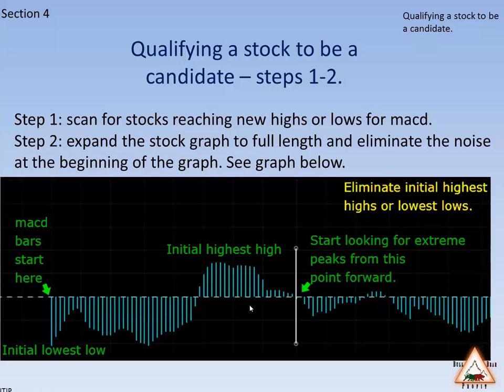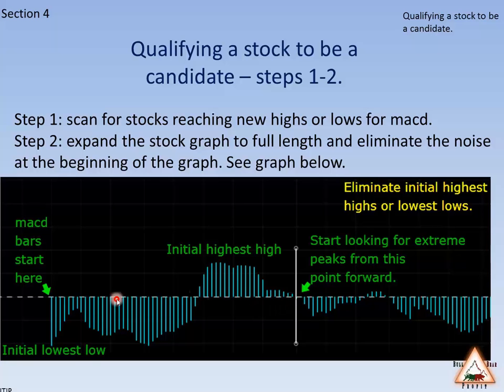What this is talking about is what we call the noise, the initial lowest low, and then we wait till the stock comes down and comes back up bullishly and comes back down to baseline. For every stock, it's kind of like a sine wave, and you wait till it completes the sine wave. This is where we start to look for extreme peaks from this point forward.